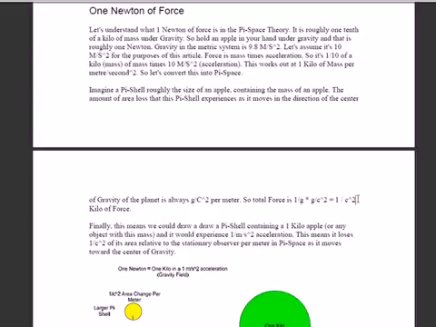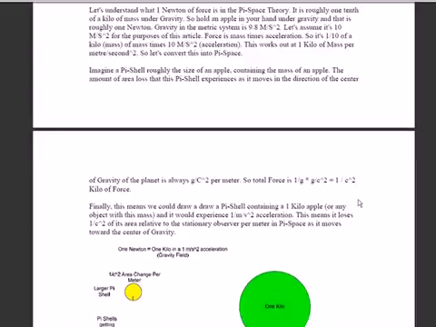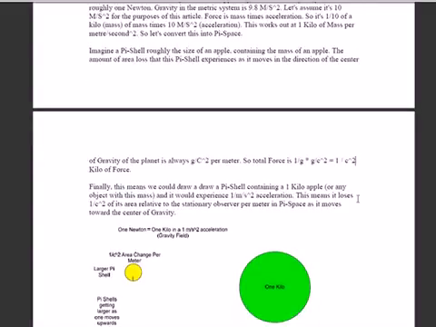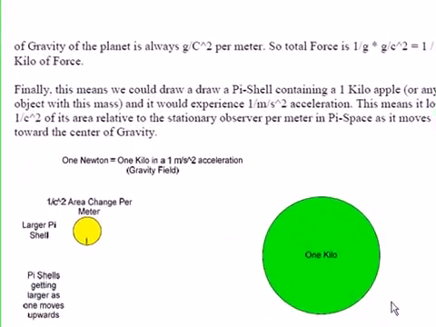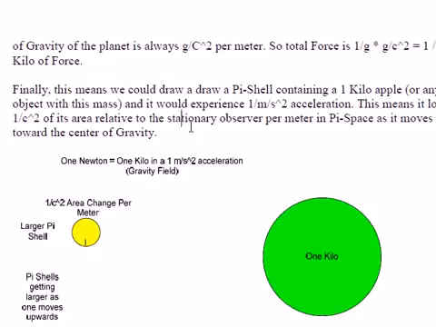In some documents you'll see g divided by 3 c squared, but the fully qualified version for pi space is 1 divided by c squared of the pi shell. That's the amount of area loss that the pi shell loses, or the atom loses, over 1 meter.